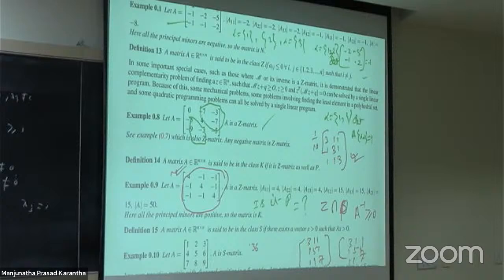Diagonal 0 is not allowed, but it gives a non-negative matrix. G intersection P will be non-negative. Okay, you can give me a non-negative matrix, and then the inverse will be what? The inverse is not a G matrix.